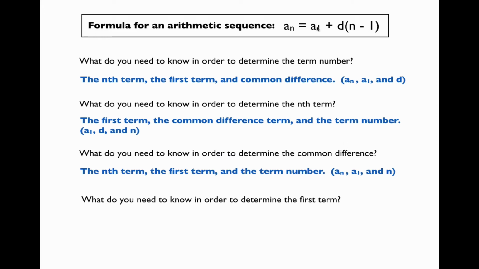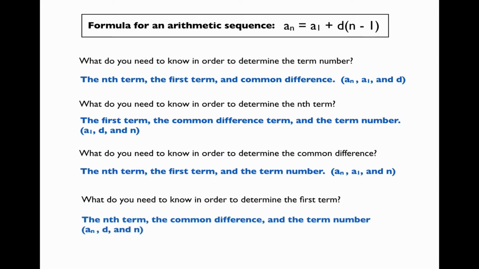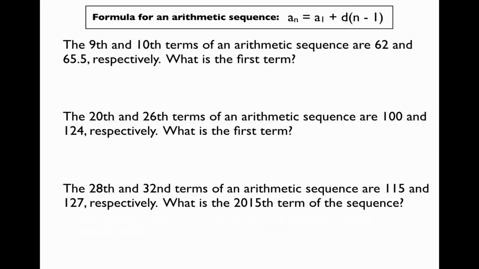If we want to know the first term in a sequence, we'd have to have an nth term and know where that term appears in the sequence, and we need to know the common difference. So, armed with this knowledge, I would like you to attempt the following 3 problems. I'm not going to tell you what to do. Explore it on your own. See how well you can get the answers without my guidance. Pause the video now.